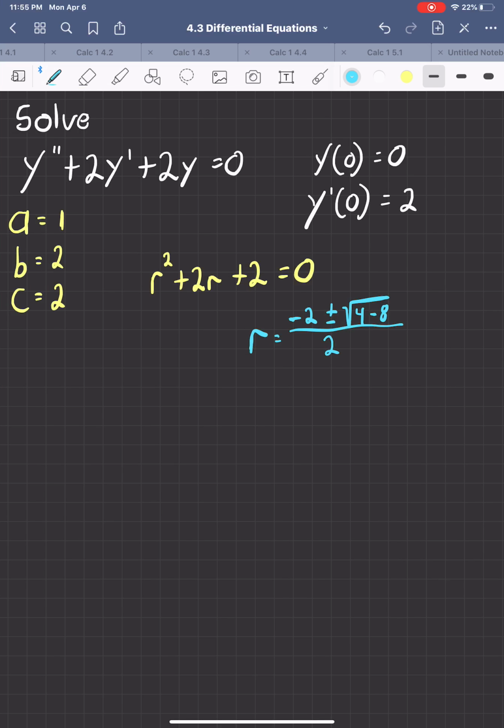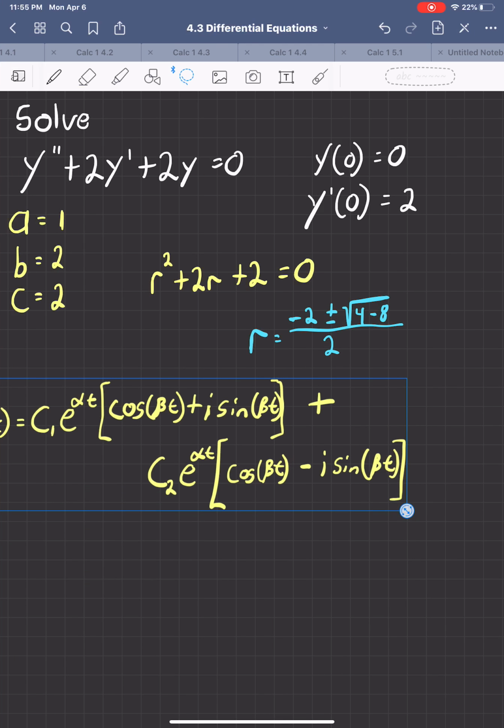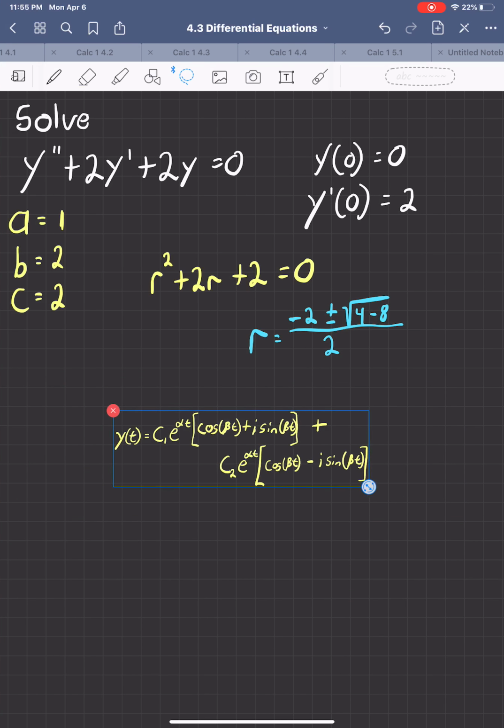So right now, I know that 4 minus 8 is going to be a negative number, which tells me I'm going to have imaginary units.